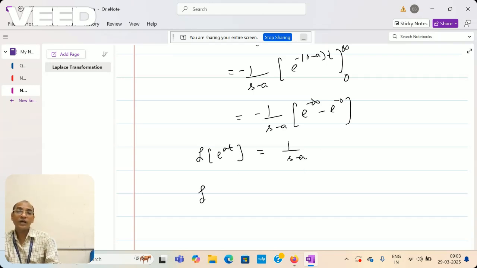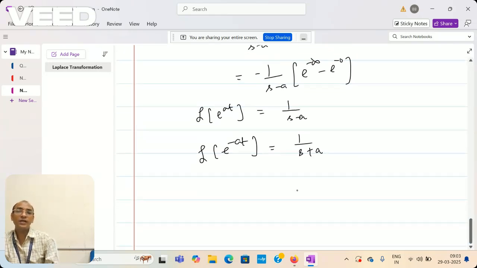So suppose I take e to the power minus at, then the Laplace transformation of this will be nothing but 1 by s plus a. So if I am taking plus a here, it will be 1 by s minus a. If I am taking minus a here, e to the power minus at, I will have s plus a here. Similarly, what will be the inverse?